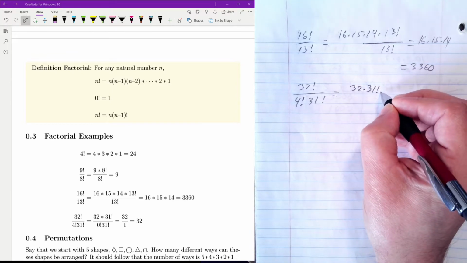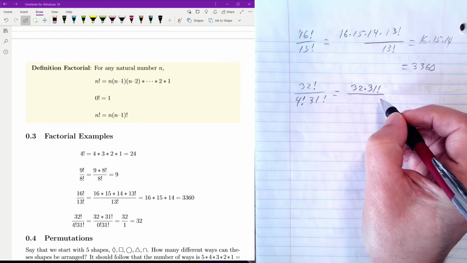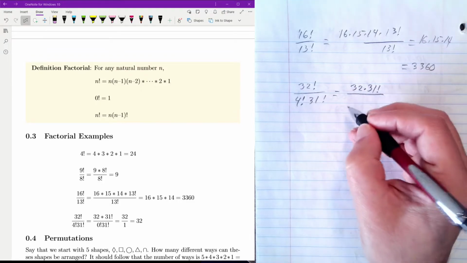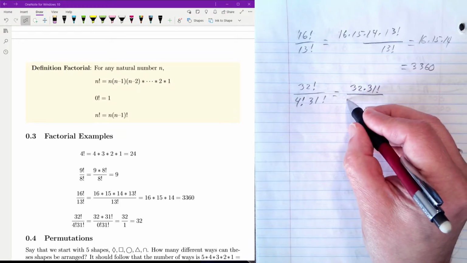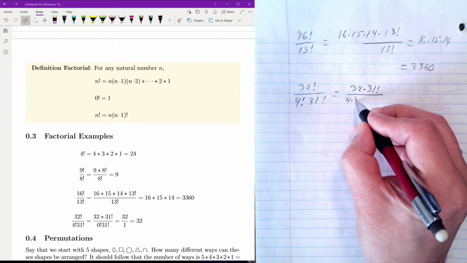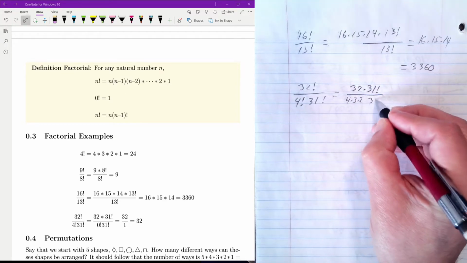So 4 factorial is 4 times 3 times 2, and then 31 factorial.